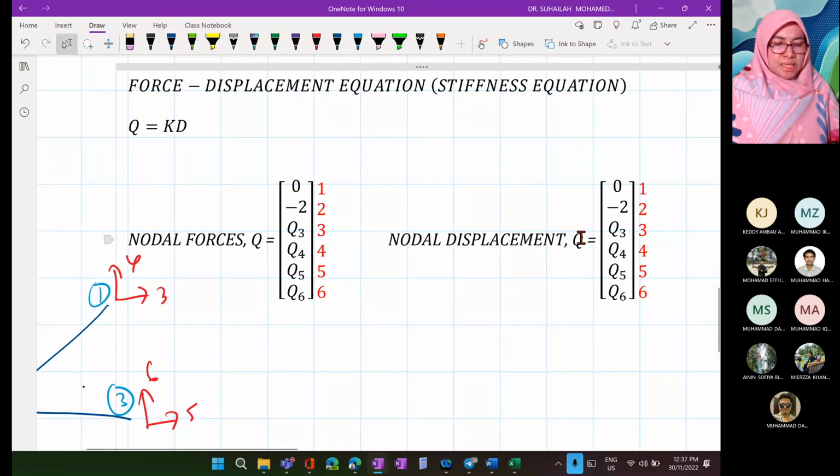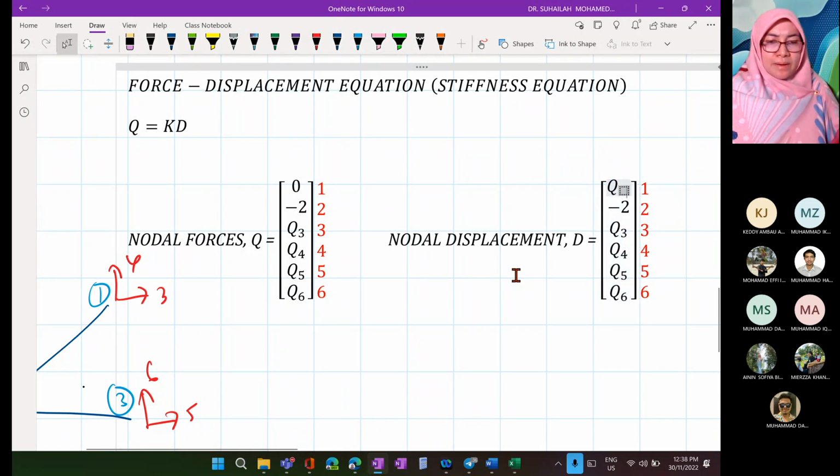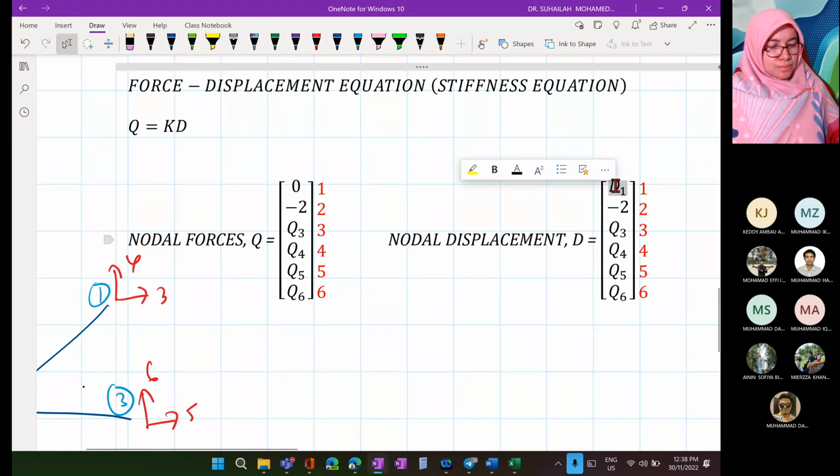Nodal displacement is capital D. It is actually D1, D2, D3, D4, D5, D6. So for unknown displacement, it is D1 and D2, representing unknown displacement that is located at node number 2.